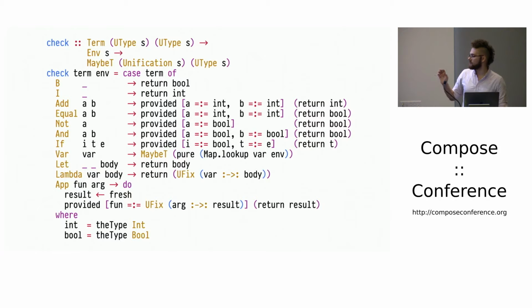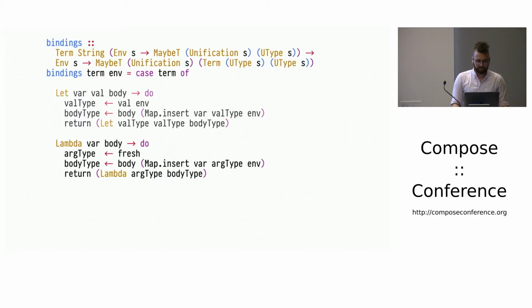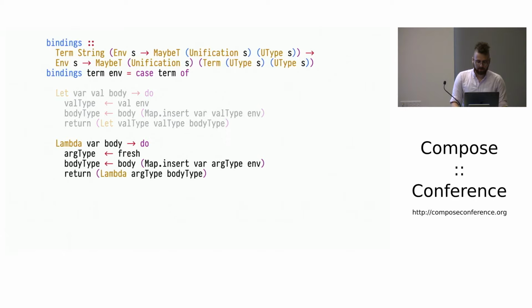This is still just a flat description of how to type check one level of structure of a term. And it also doesn't describe bindings at all, because we've still factored apart the bindings into a separate function that's just like what we did before, except that the type is a little bit more complicated.